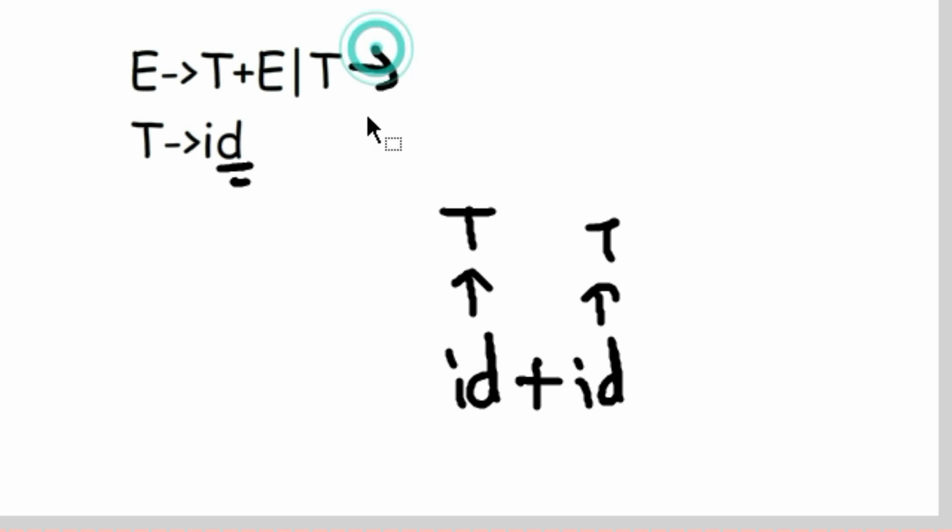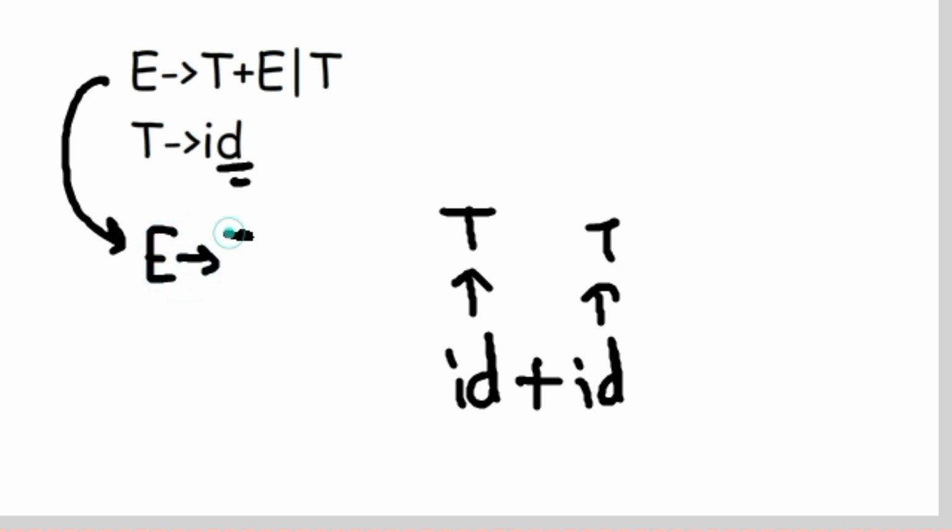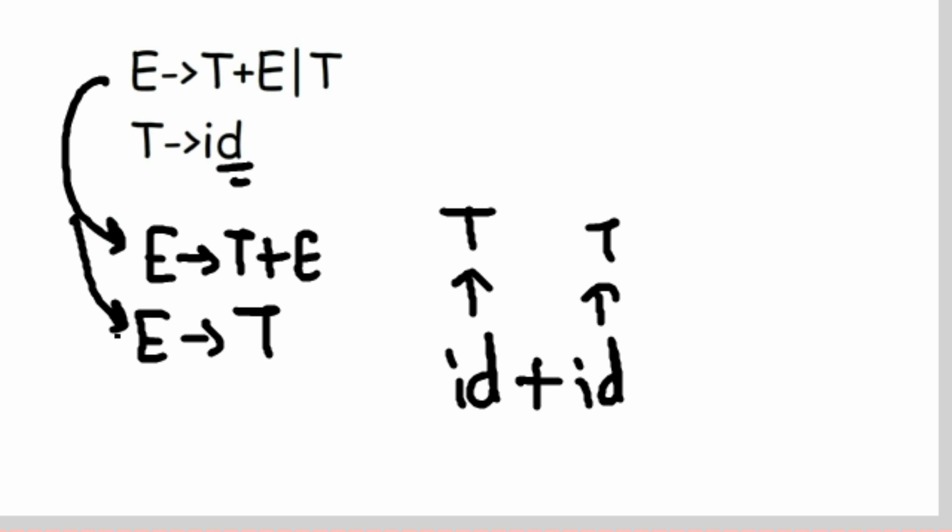Now if we break down this grammar, E tends to T plus E, and then there is an OR symbol, so we can break it at the OR symbol and rewrite it as E tends to T plus E, E tends to T. So we just broke it down into two different productions. Now let us say that this is a T, so we went from ID to T. This is just an example for understanding purpose, this is not how to solve the question.